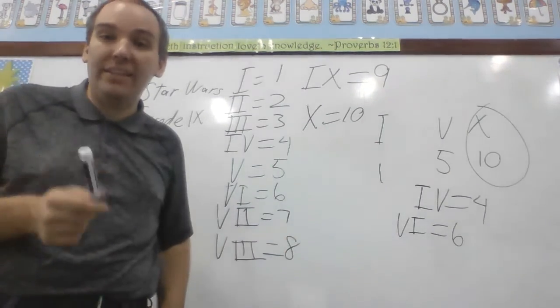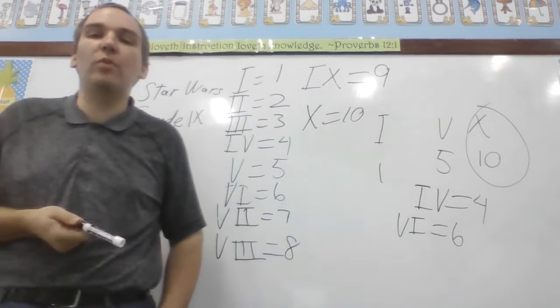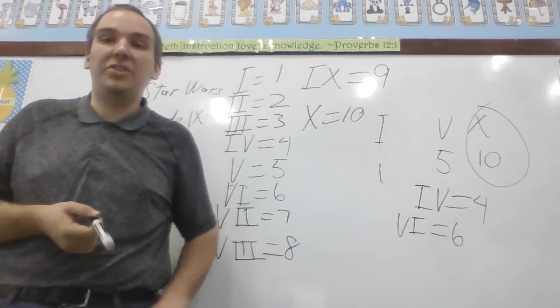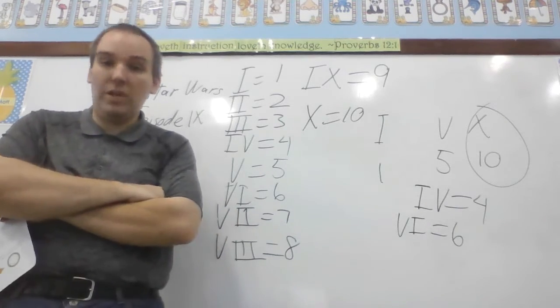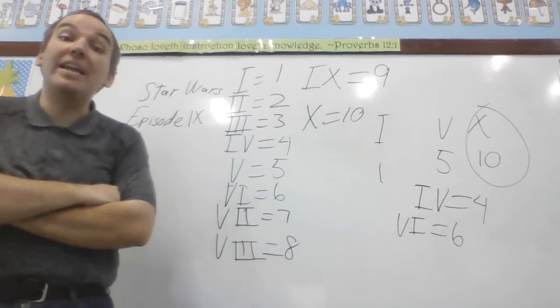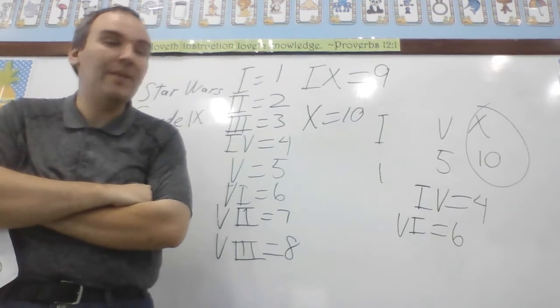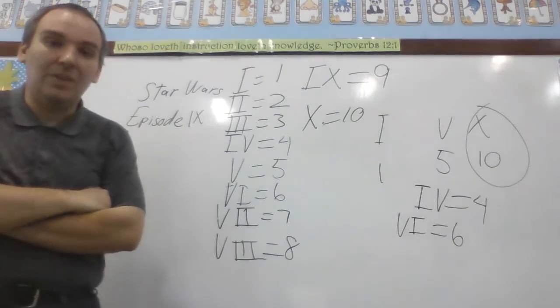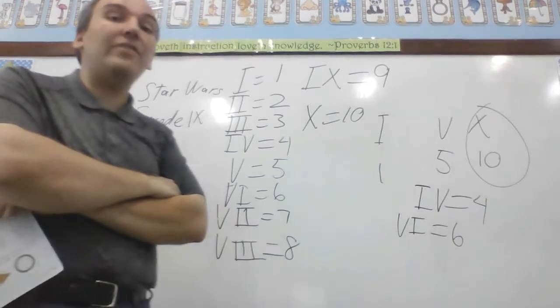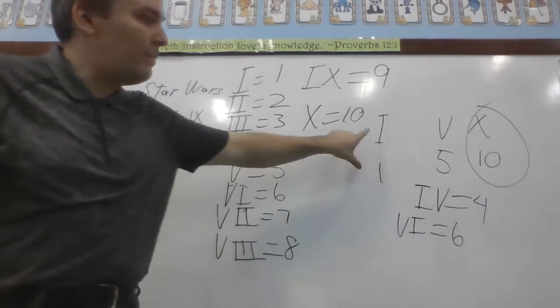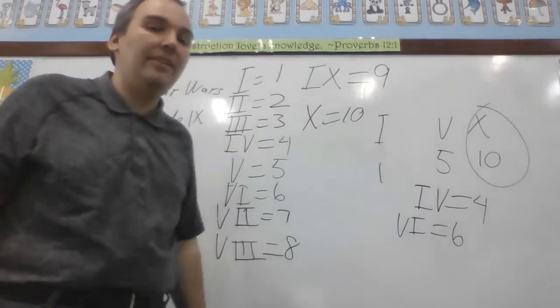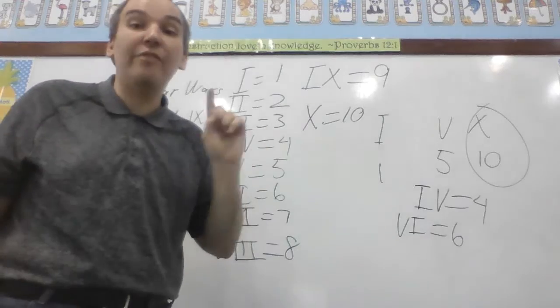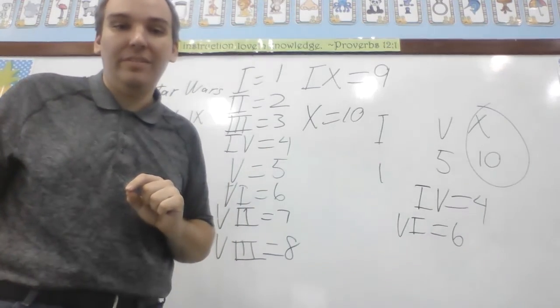Everybody learned it in my class last year, except for one girl who didn't want to learn. She just sat there going like this, because she didn't want to learn. Okay? Anybody can learn this. Once you get it down, it's really easy. The only thing you have to remember is these numbers here, 1, 5, and 10, and that you can't have 4 of the same numeral. All right?